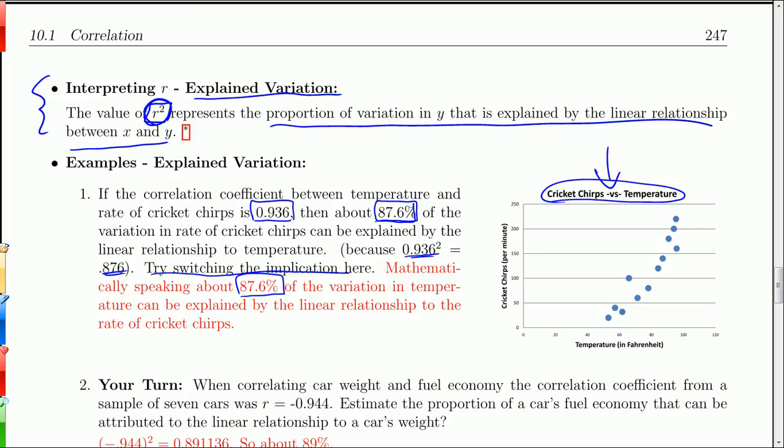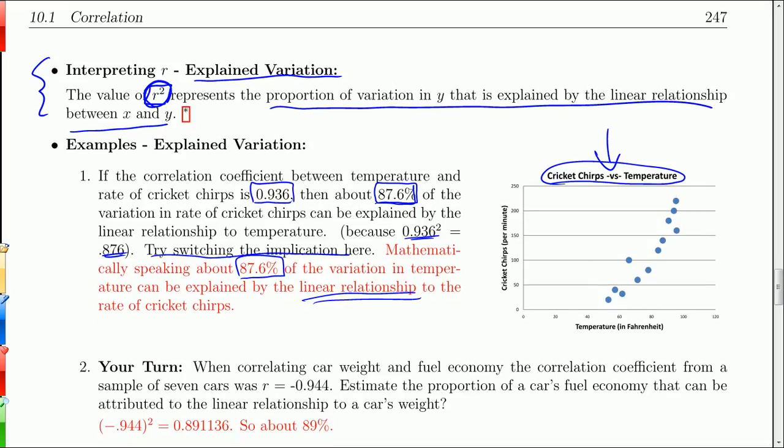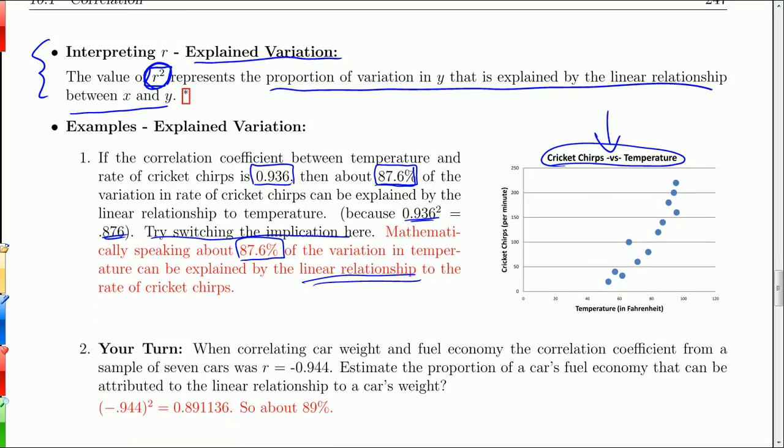I'm saying that the variation in one can be explained by the linear relationship between the two variables. So cause and effect is often implied or inferred, but it's not meant to. It's actually a strict mathematical statement. But it's just so tempting. So it gets used a lot, and I will occasionally do it myself.